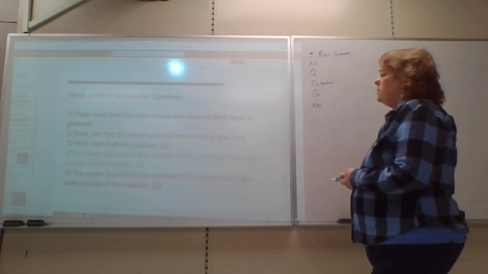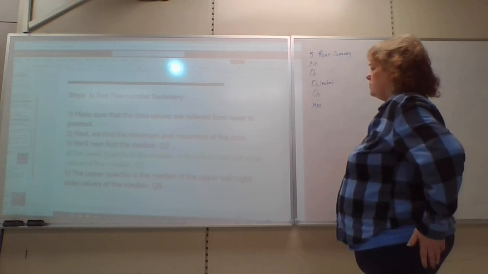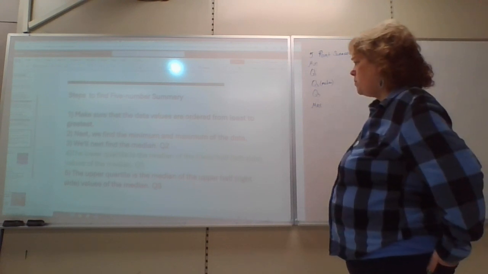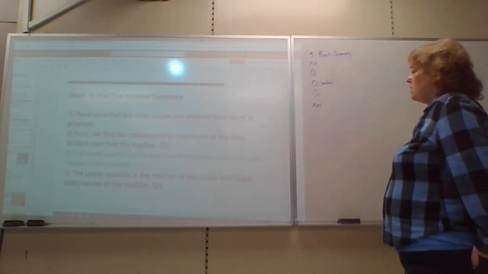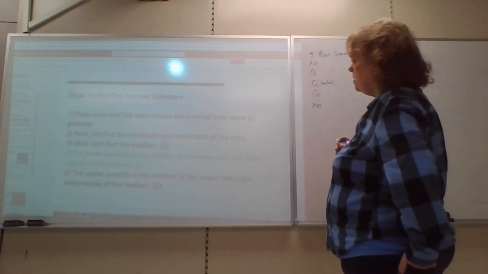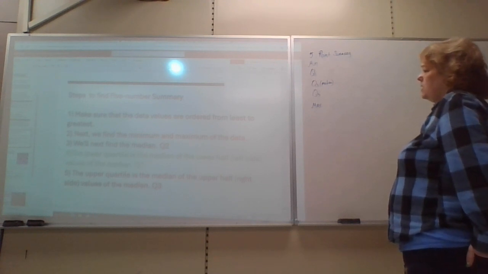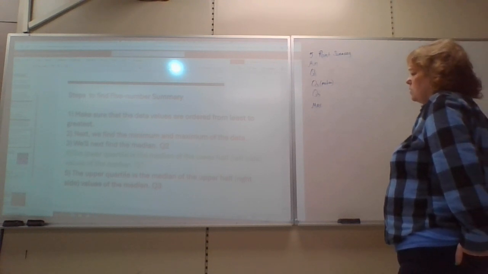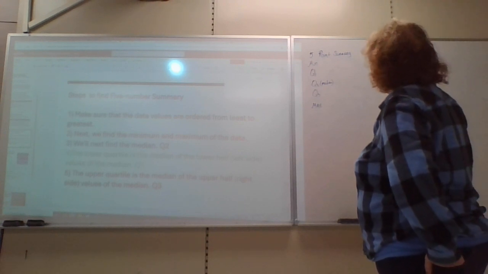Next, we need to find the median, which is Q2. Then, on number 4, we need to find the lower quartile, which is the median of the lower half, the left side of the median. I call it Q1. Then you need to find the upper quartile, which is the median of the upper half.